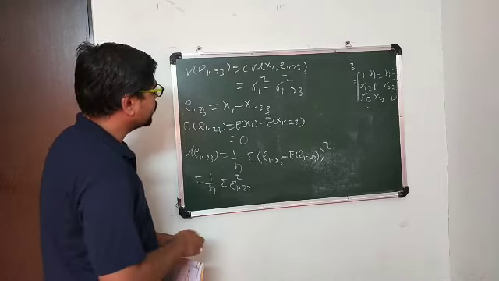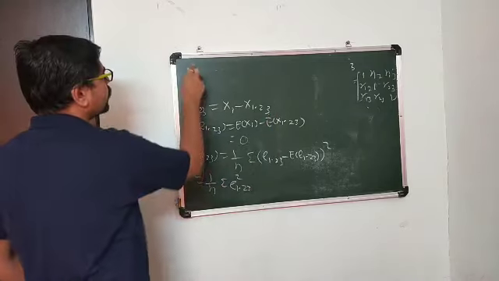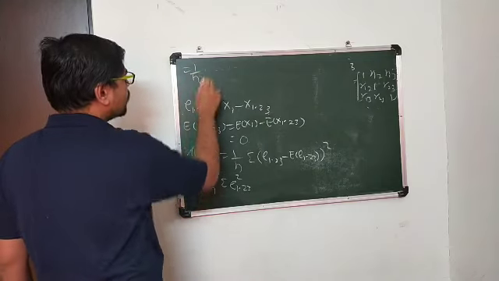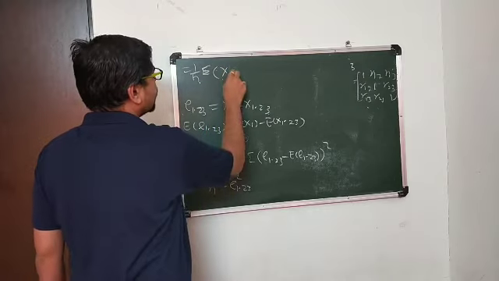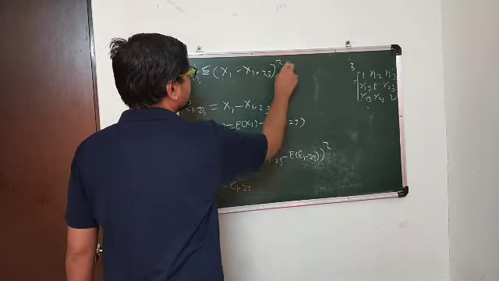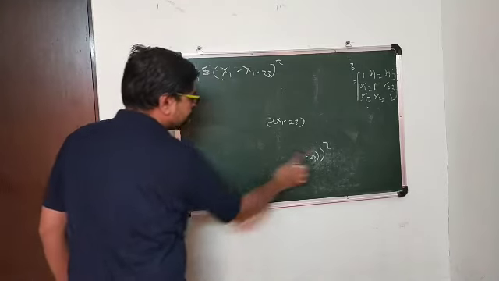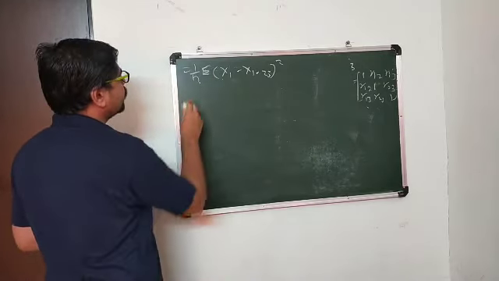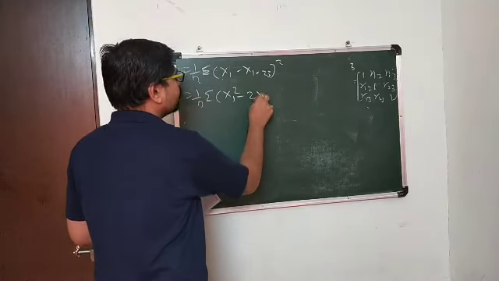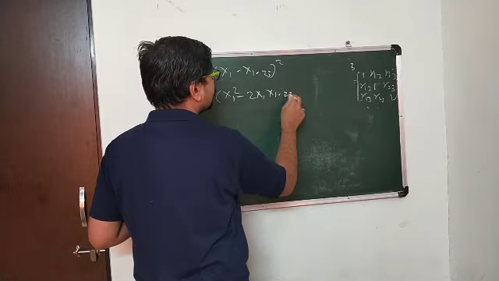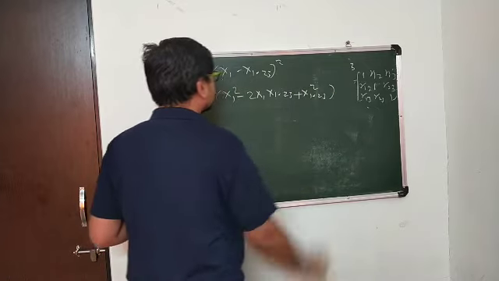So this is equal to 1 upon n summation, where e1.23 is x1 minus x1.23, squared. By using the perfect square, we will have x1 squared minus 2 x1 x1.23 plus x1.23 squared.